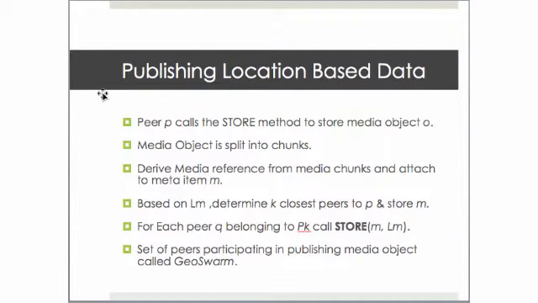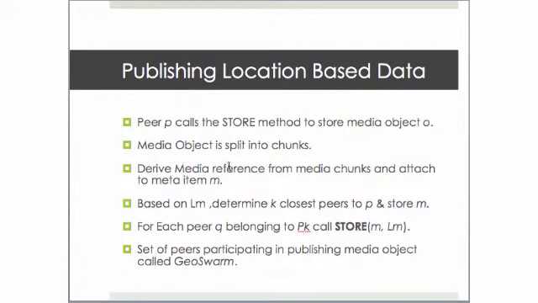Let's look at how data is published in GeoSwarm. Suppose a peer P needs to store a media object O. It calls the store method to store the media object O. Now, as we saw in the previous slide, a media object is split into chunks.